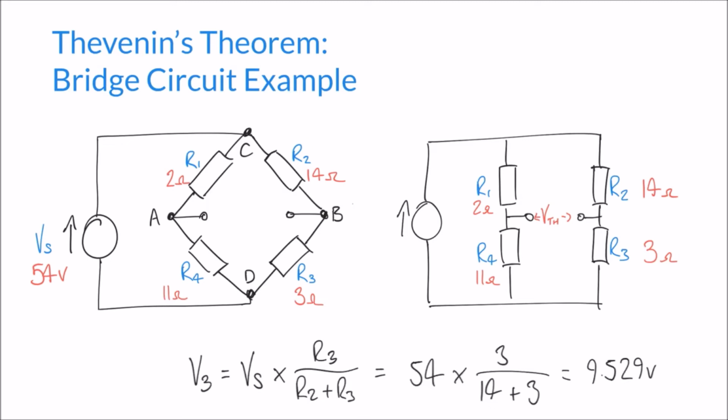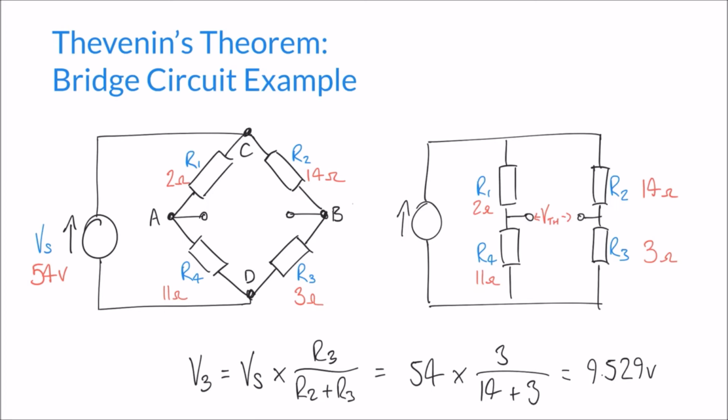So now we know the voltage at this point here, on the left hand side of this gap between the two terminals. The voltage at the left terminal there is 45.692, we said earlier, and this voltage on the right is 9.529. So the actual Thevenin voltage here is going to be the difference between the two.